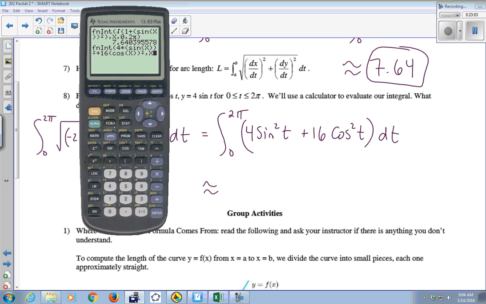Integrate with respect to x from 0 to 2 pi. Yeah, I forgot to copy the square root.